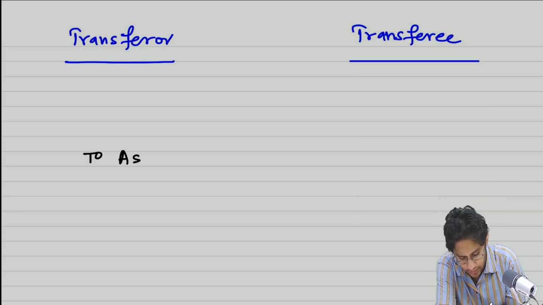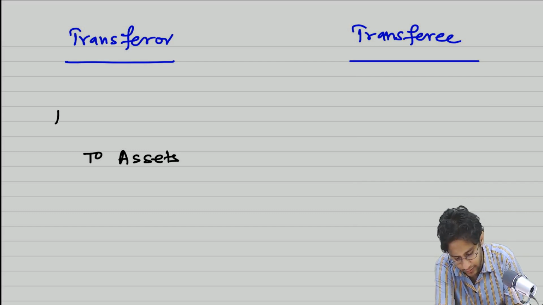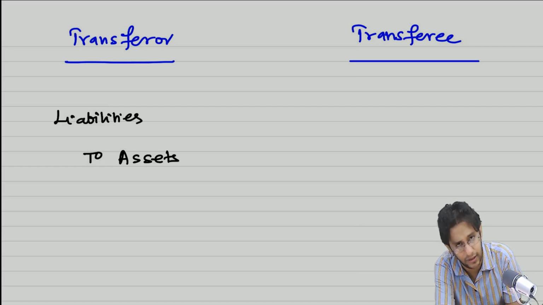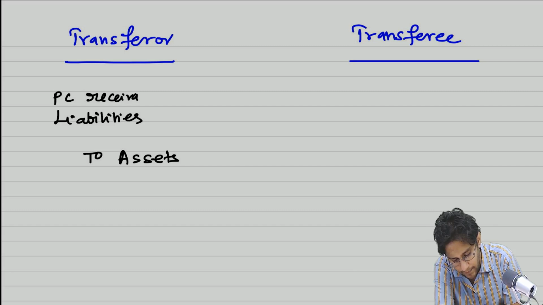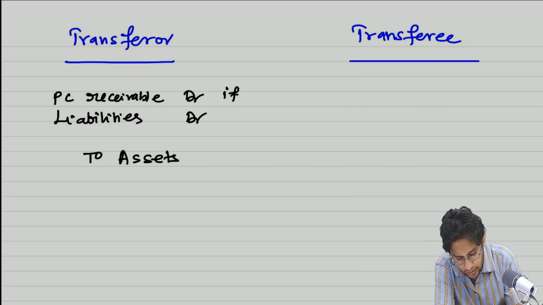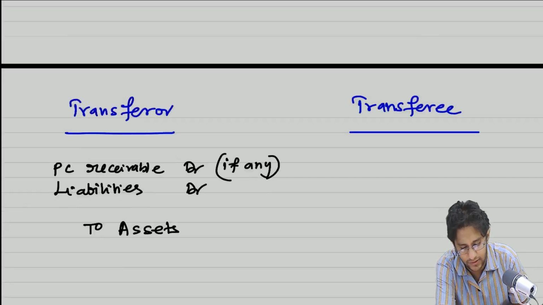For the entity which is giving away the business, life is very simple. You simply have to cancel the assets that are transferred, and cancel the liabilities that are transferred. In case you receive any PC, then a PC receivable. It may not be there in some cases. For example, look at the last scenario.